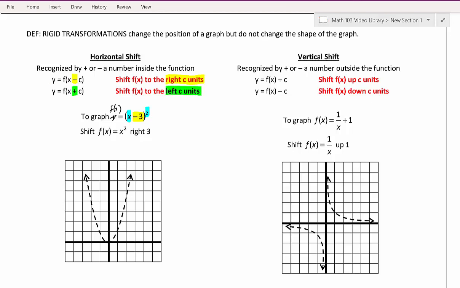Here in the dashed line, I've graphed our parent function, f of x equals x squared. And now I'm going to show you how to shift it to the right. I'll actually put the 5 points from our parent function on here. And now I'm going to take each of those 5 points and simply move it to the right 3.